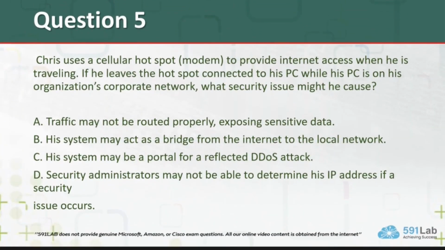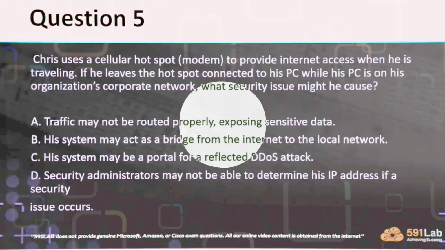Chris uses a cellular hotspot modem to provide internet access. When he is traveling, if he leaves the hotspot connected to his PC while his PC is on his organization's corporate network, what security issue might he cause?